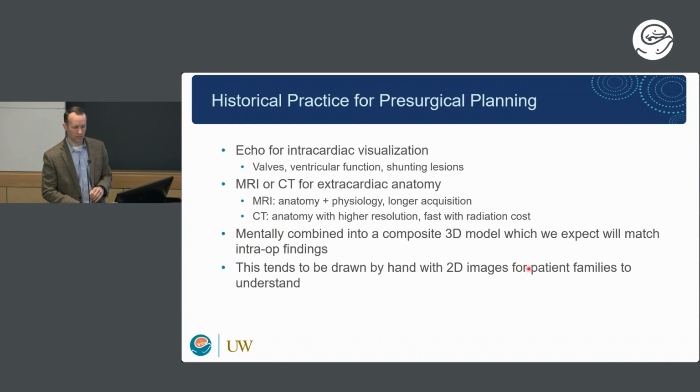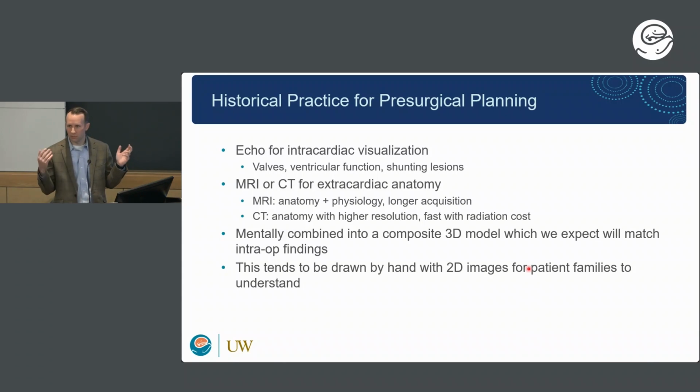With MRI, it takes a little bit longer to acquire, but you get the added physiology that comes with getting an MRI. And then the CT is mainly anatomical, but is higher resolution. It's fast. You can get a quick single-phase CT without having to sedate a lot of neonates. So that's something we tend to go to.